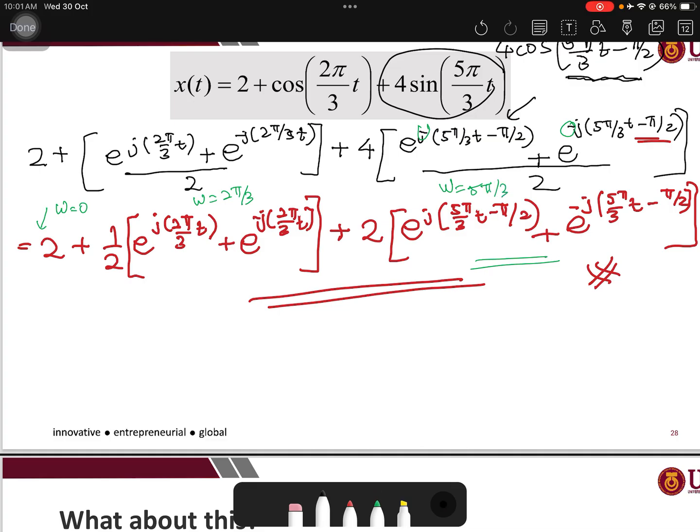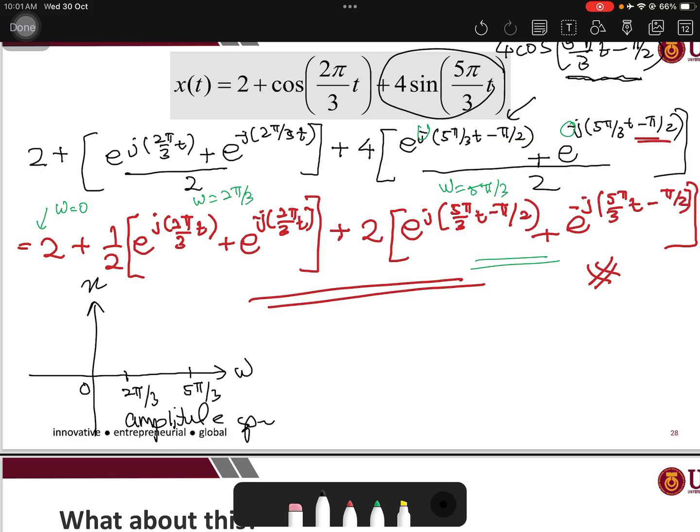Let's say we want to draw the amplitude spectrum. This one is omega, this one is your amplitude. Omega is 0, then 2π/3, and 5π/3.